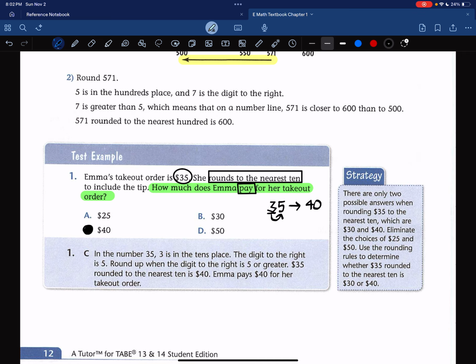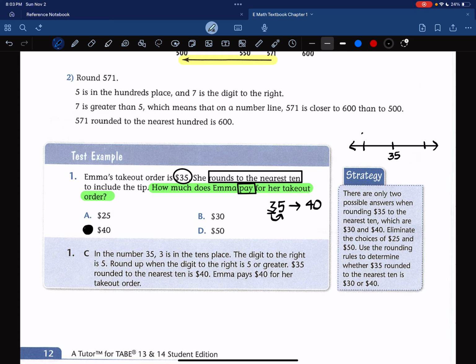Strategy. There are only two possible answers when rounding 35 to the nearest 10, and those are 30 and 40. You can eliminate the choices of 25 and 50 because they're not in that range. In other words, if you look at a number line, Emma's order was $35.